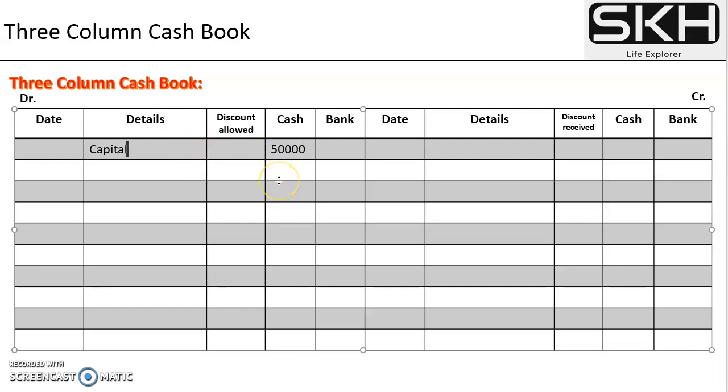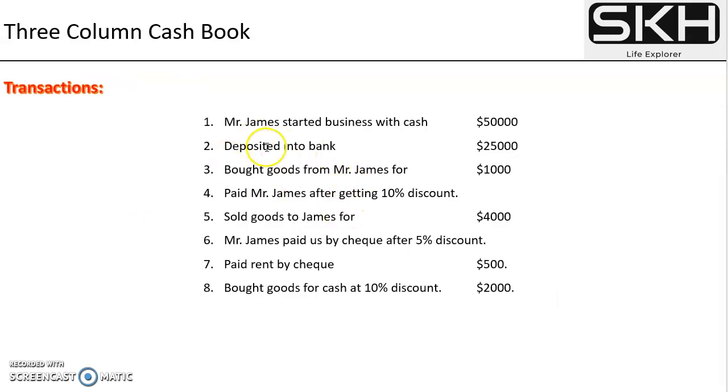Students, in the last video, I told you one more thing, that while you are recording numbers in these columns, you need to be very careful, because if you record one transaction in the wrong column, your entire balance will be wrong. And technically, you can lose 2 to 4 marks for that. So I hope you will remember that. Then deposited into the bank. It's a contra entry.